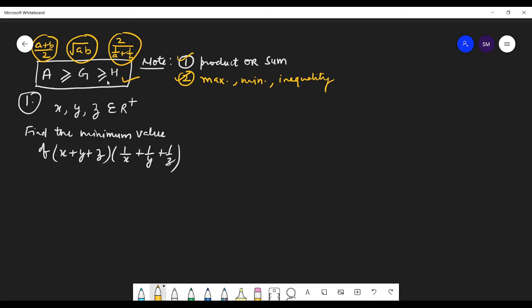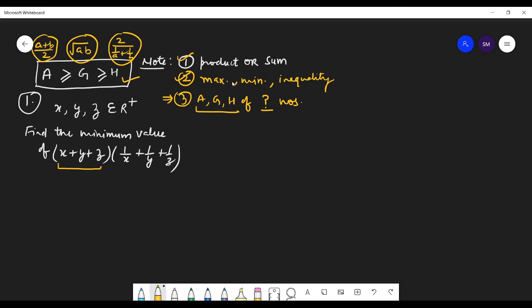Is this clear, students? So see, we have the sum here, and the third thing is you need to tell which numbers you will be finding A, G and H of. So then next step is you are supposed to choose the numbers whose arithmetic, harmonic and geometric mean you will be finding.